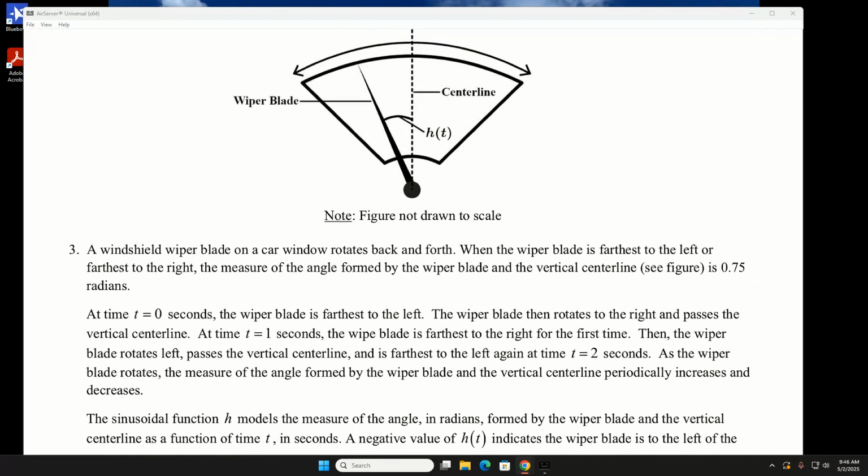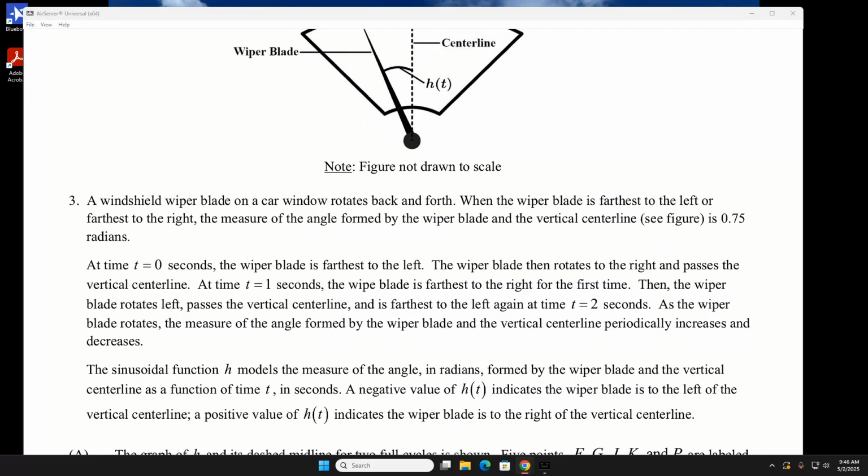All right, so this one is all about a windshield wiper blade, and it's a little different. Normally, it's the height that's changing. On this one, the angle is changing, but it's fine. So a windshield wiper blade on a car window rotates back and forth. The wiper blade is farthest to the left or farthest to the right.